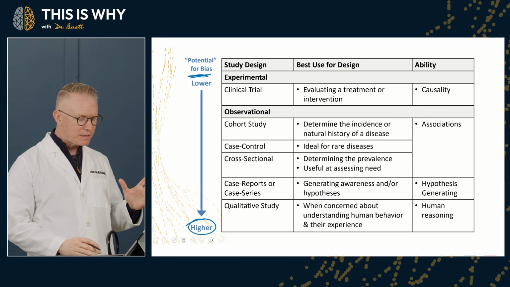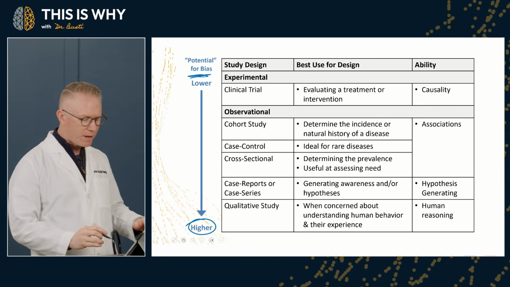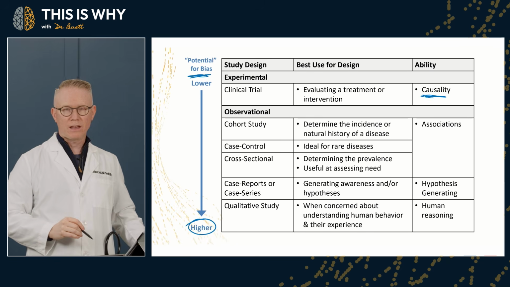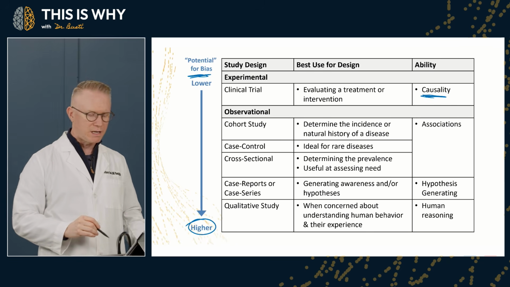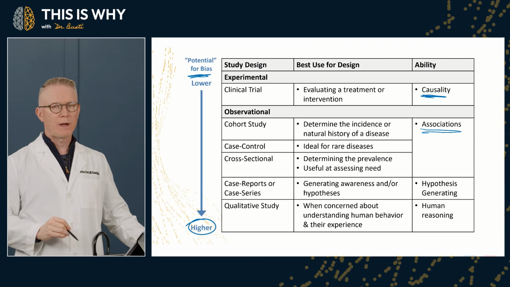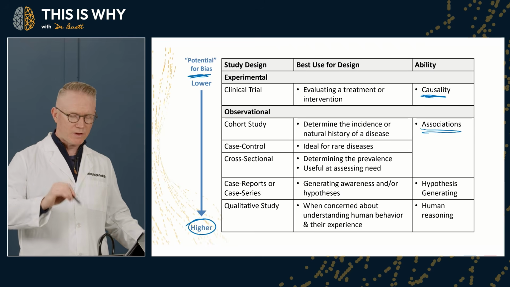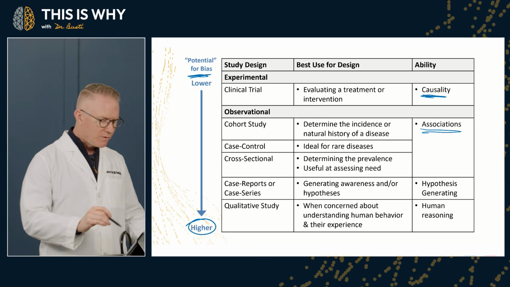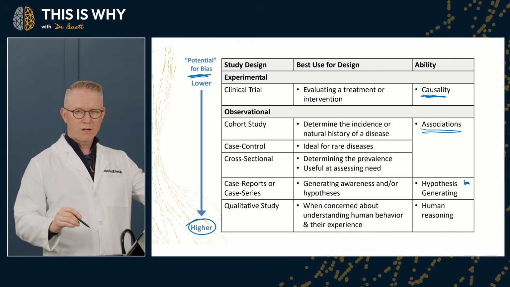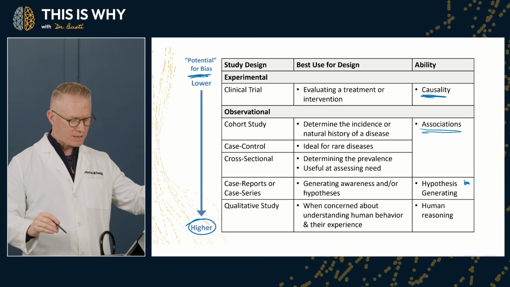That's the same concept over on the pyramid. But remember, if we want to prove causality, you have to do an experimental study design. If you're looking for correlations, associations, then you get away with some of the observational studies that are analytic. If you're looking for hypothesis generating, you can do that with some correlations or observational data, of course. Yes, absolutely.